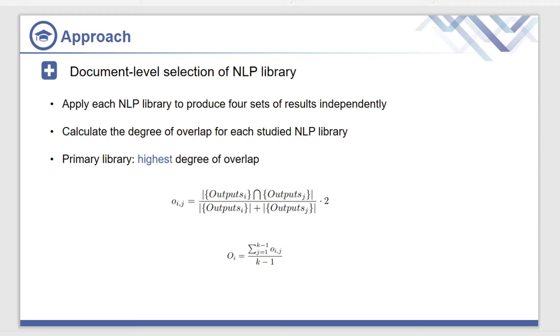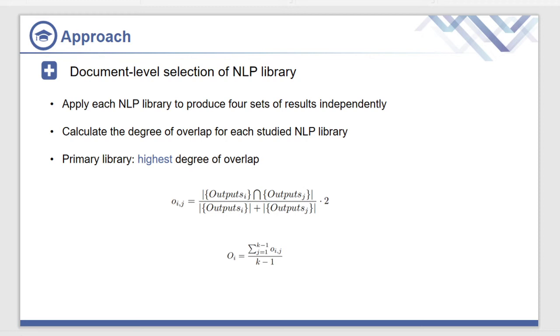Document level overlapping degree of an NLP library defined in our experiment is the average proportion of identical outputs among the results achieved by it and any other NLP libraries individually. The degree of overlap between NLP library I and J and the document level overlapping degree of library I are calculated as follows.